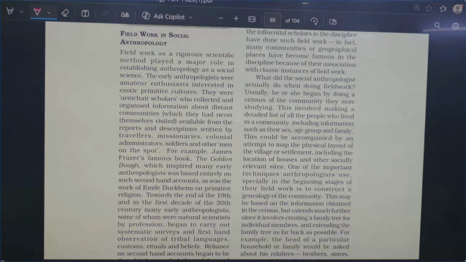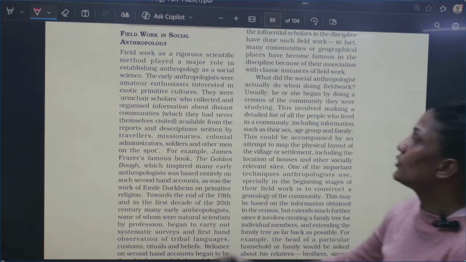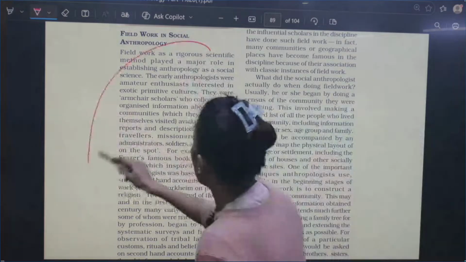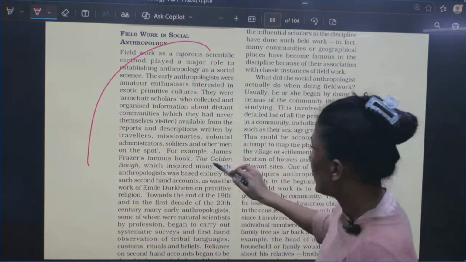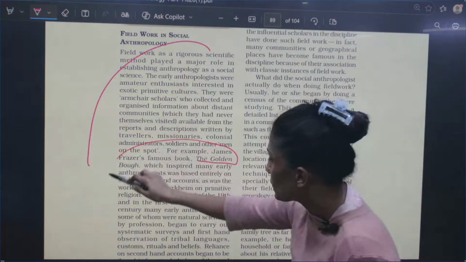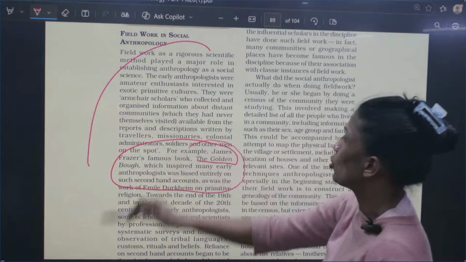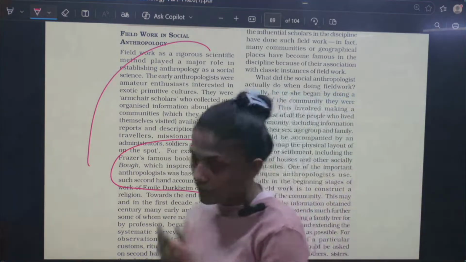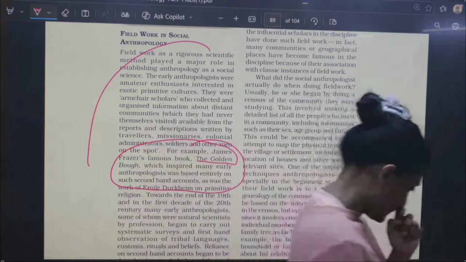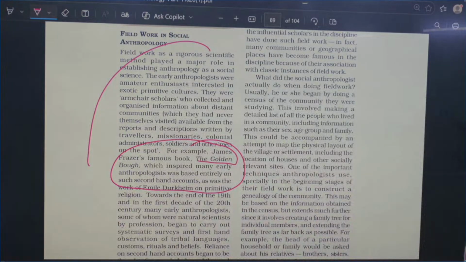The early anthropologists were amateur enthusiasts interested in exotic primitive cultures. So you can write down the name, okay? James Frazer. Sometimes UPSC asks such questions and then you wonder where the question came from. James Frazer, The Golden Bough, explaining about religion.